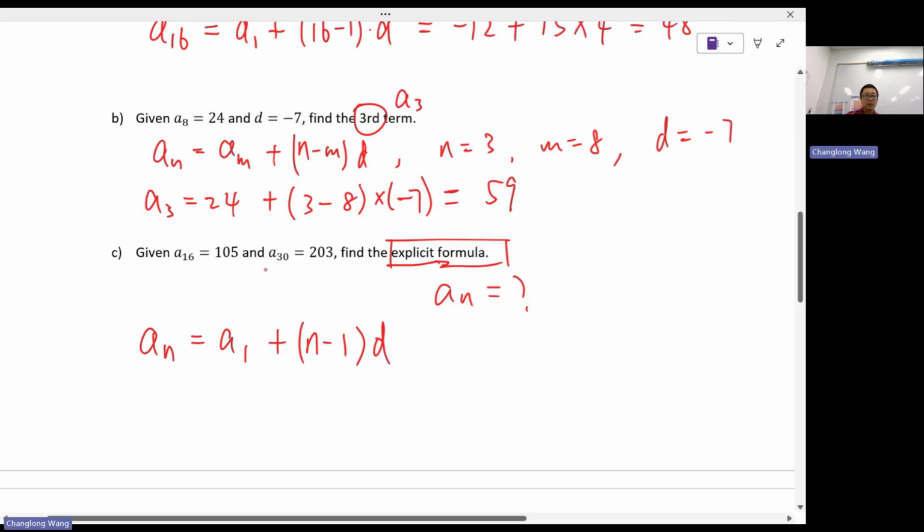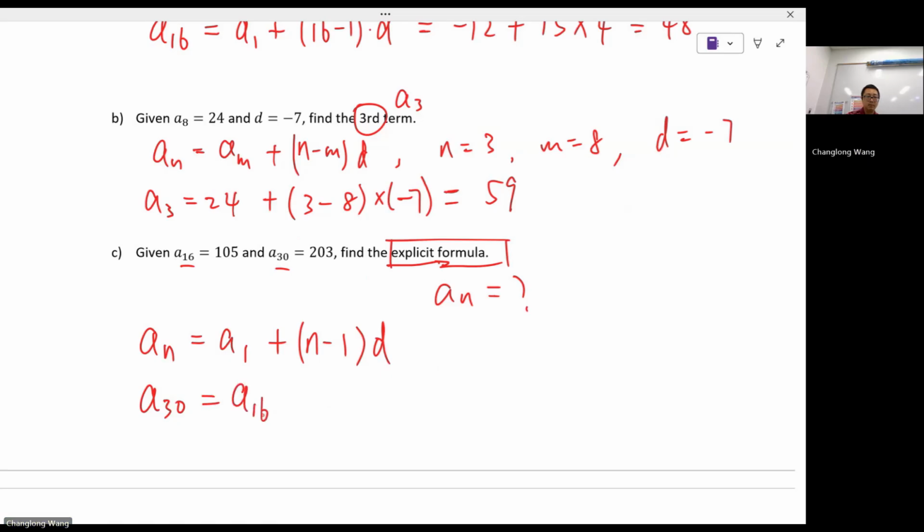It turns out that we might end up using the second formula anyway, since I have the 16th and the 30th term. So let's say I go with a sub 30, but I start from a sub 16.